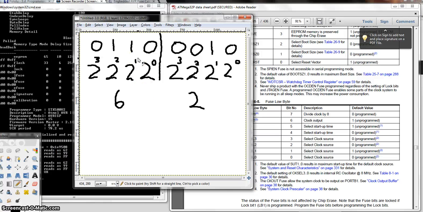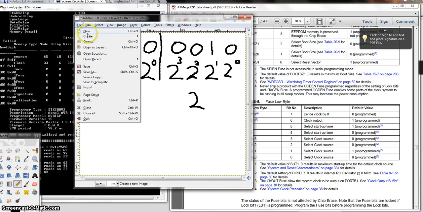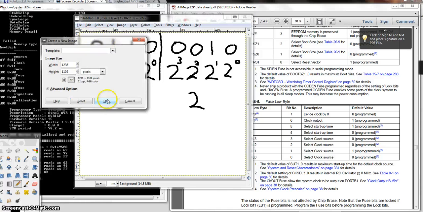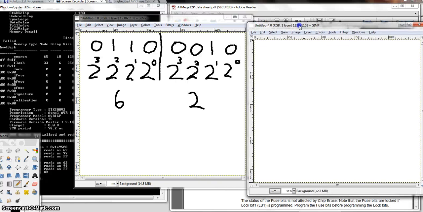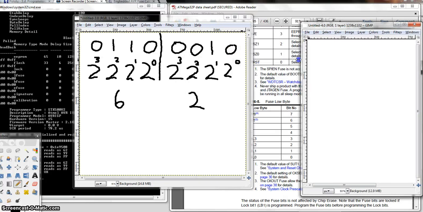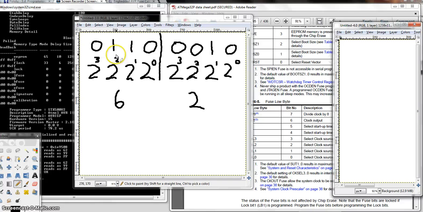So let's find out how it was set up at the factory. Let's open up another blank page here. I just took the byte from highest to lowest and wrote it out vertically.